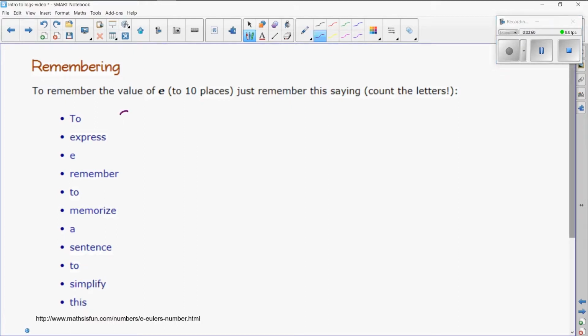So 2, comma, express has 7, e is 1 letter, remember is 8, to is 2, memorize is 8, then we get 1, then we get 3, 6, 7, 8, 2, etc. And so these are the first 10 digits of e.